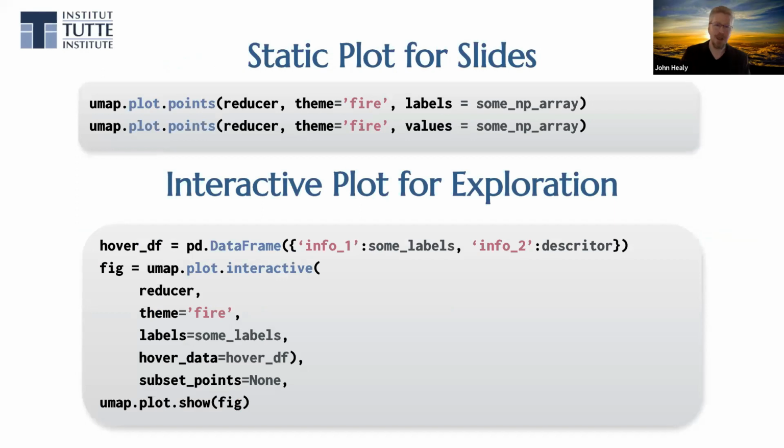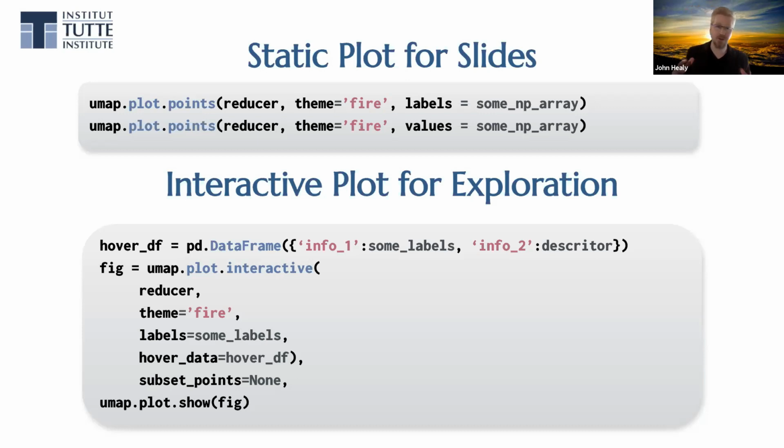So UMAP isn't a plotting library, but we've wrapped a few of the common visualization steps up to make our lives and those of our users a bit easier. We've got a couple of basic static plot functions, which we'll call either matplotlib or datashader, depending on how much data you've got. We've also got a quick and dirty interactive visualizer with a simple hover tool, which is sort of a mouseover tool, which is probably the most natural way to explore your two-dimensional embeddings.